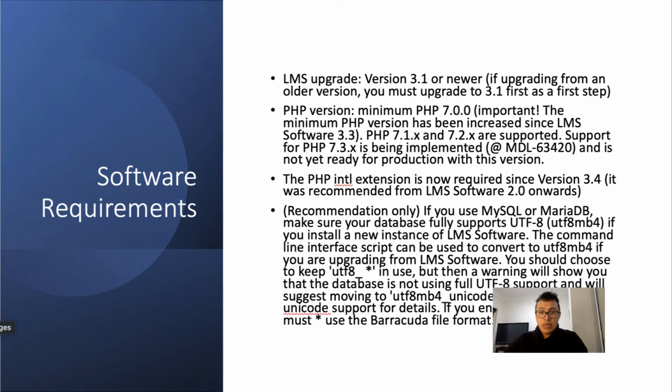It's necessary to have one installation of the PHP software. It is now required since version 3.4. And some recommendations about the database depend on whether you are using MySQL or MariaDB.